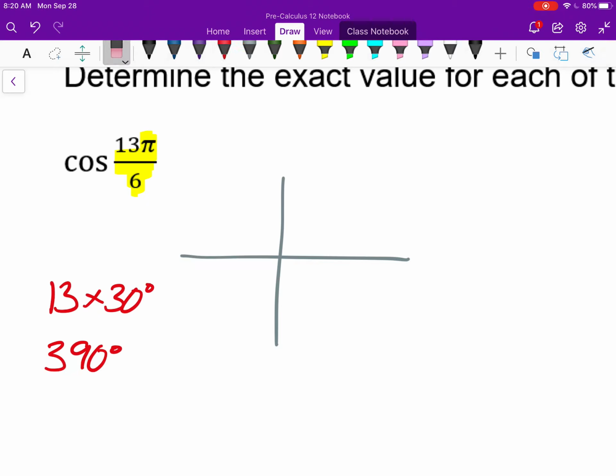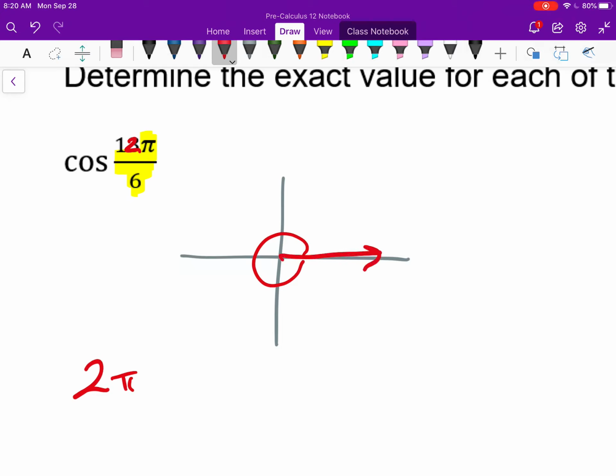Or, again, I don't think we always have to go to degrees. Notice if it was 12 pi over 6, that would be the exact same as 2 pi. That would be going all the way around once and stopping right here. Well, it's not 12 pi over 6, it's 13 pi over 6. It's one extra sixth of a pi in radians around.